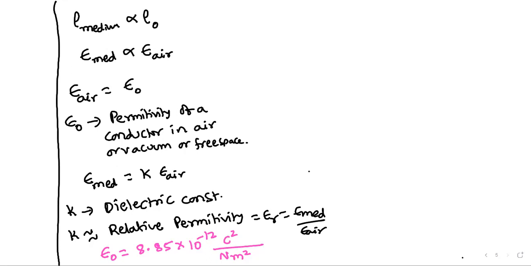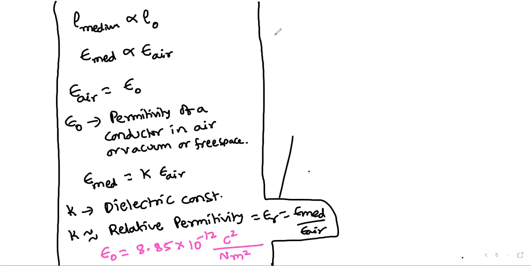So now we have Coulomb's law. According to Coulomb's law, F is proportional to Q1 Q2 by R square.